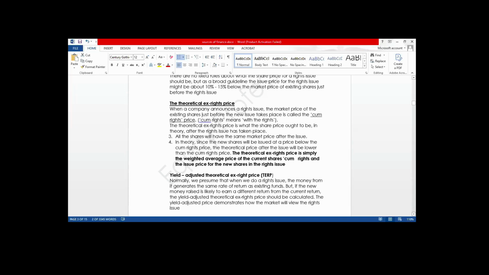In other words, the theoretical ex-right price is the estimated share price following the completion of the rights issue.